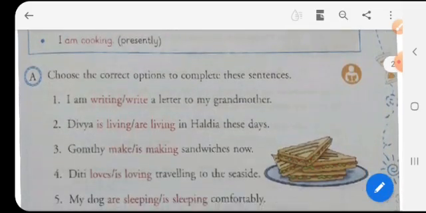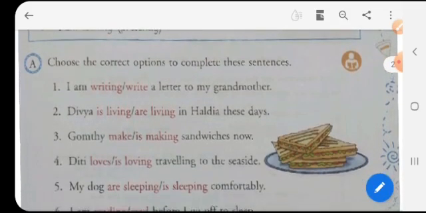Now choose the correct options to complete these sentences. I am writing a letter. Since am is used, that means we have to use the continuous form of the verb, that is ing added to the verb. So I am writing a letter to my grandmother. Then Divya is. Now is is used, that means the verb is added with ing, and we have to see where to place is and are.